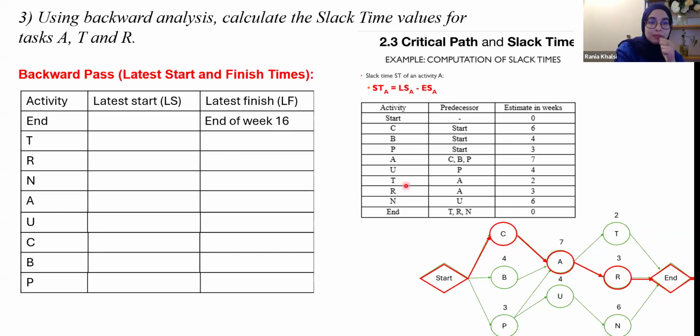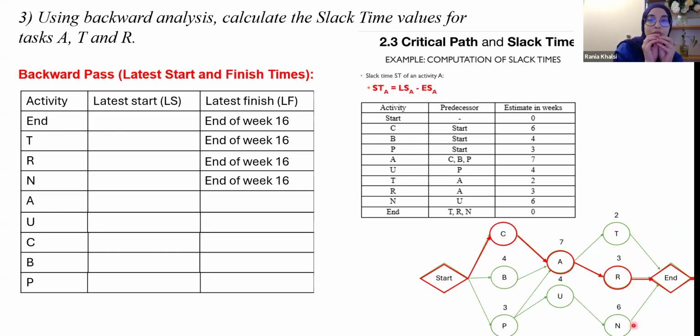For activity T, the estimated time for T is 2 weeks. So the latest start for T, R or N that are coming in parallel here, all of them are going to finish at the same project end date.